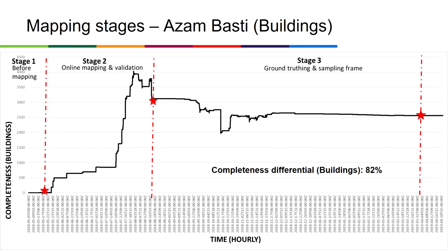In the case of Zambasti, this is the completeness graph, the completeness differential, the ratio, in percentage terms, is about 82%, suggesting that the gap between stage 3, the ground truthing estimate, and stage 2 is about 18%. And you will see that in stage 3 a lot of work was done in the field.